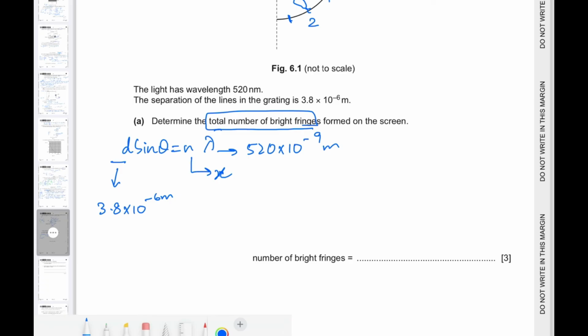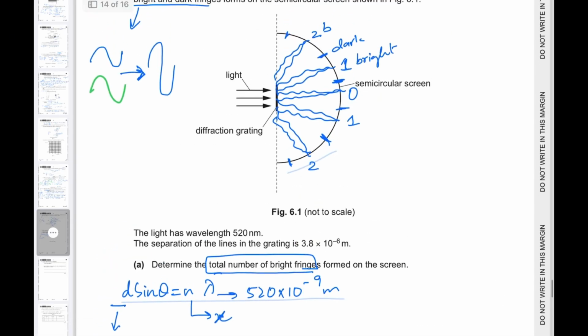And that's because theta is the angle between the central fringe and the order of any particular maxima. So for any particular fringe, let's say this here is the theta. When you want to find out the maximum number or the total number of bright fringes, you will consider that the last fringe that forms on the screen will be, let's say, this one over here.